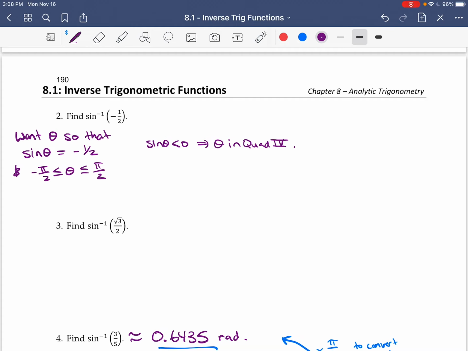So we want to know what theta has sine being 1/2. 1/2 is one of our special angles, and that is 30 degrees. So that means our theta here is going to be negative pi by 6, or negative 30 degrees.